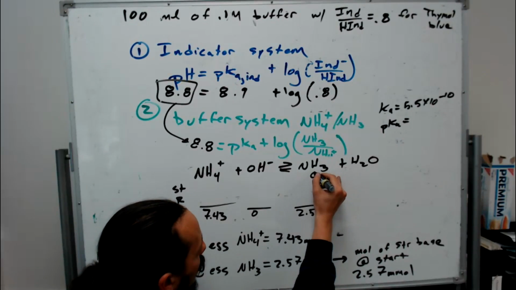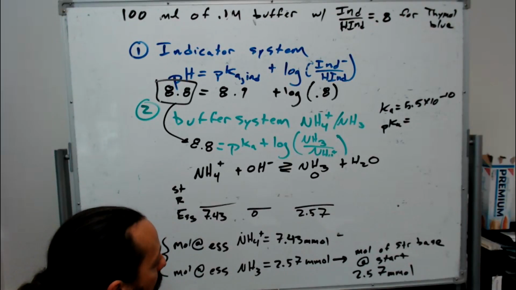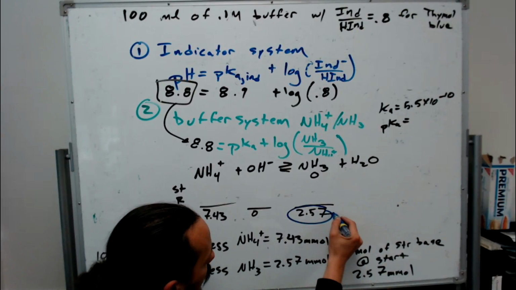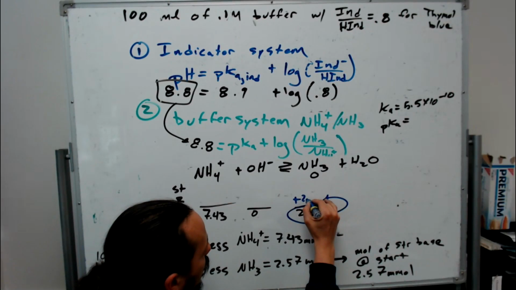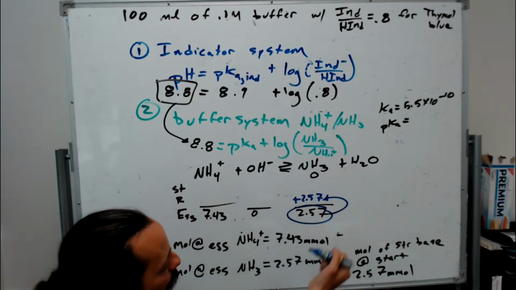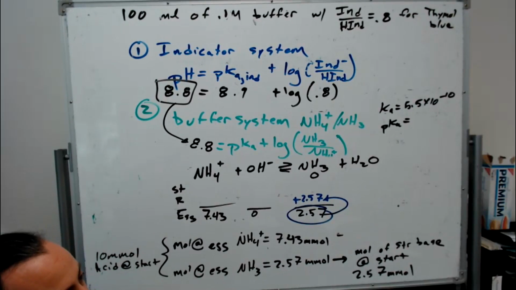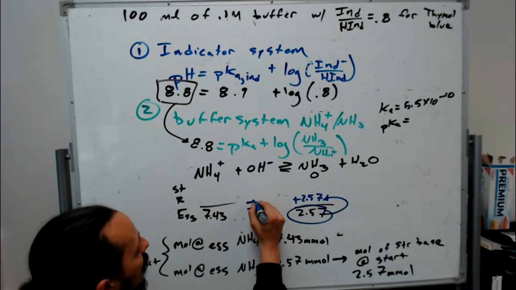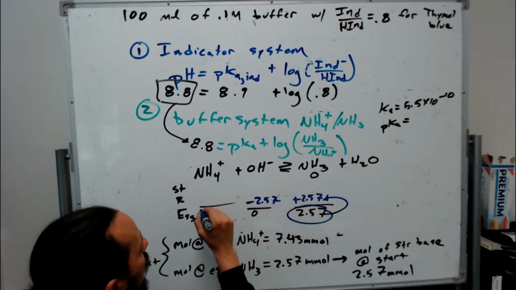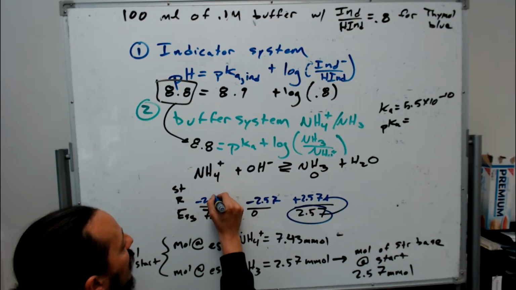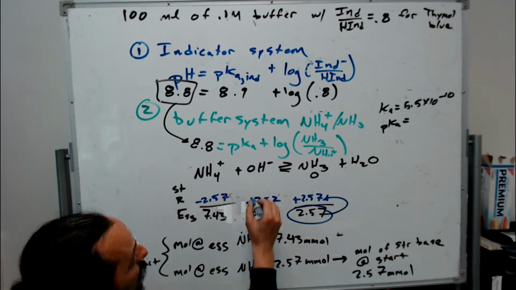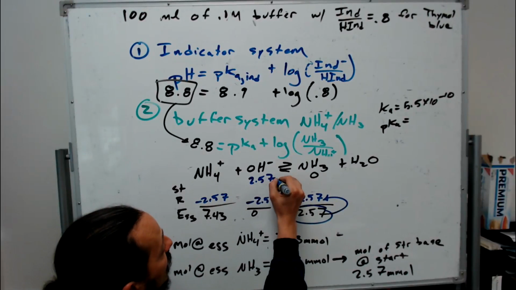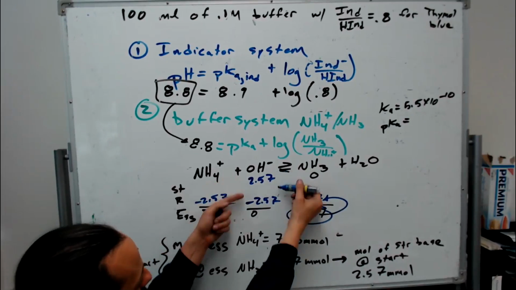I know that I start with 0. That means this 2.57 must come from plus 2.57, because 0 plus 2.57 is how you get 2.57. Now, this defines my limiting as 2.57 and negative 2.57. This means that I must also start with 2.57 here, so that way it goes to 0.